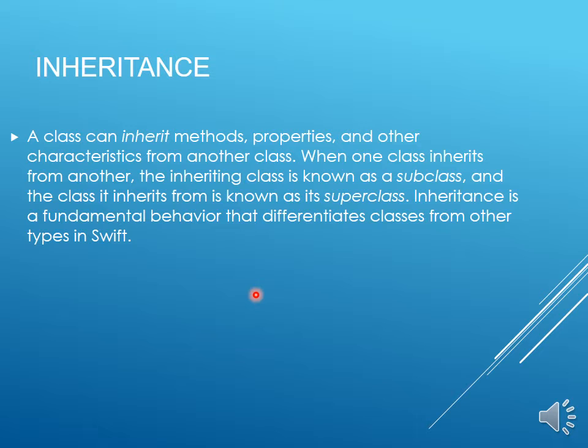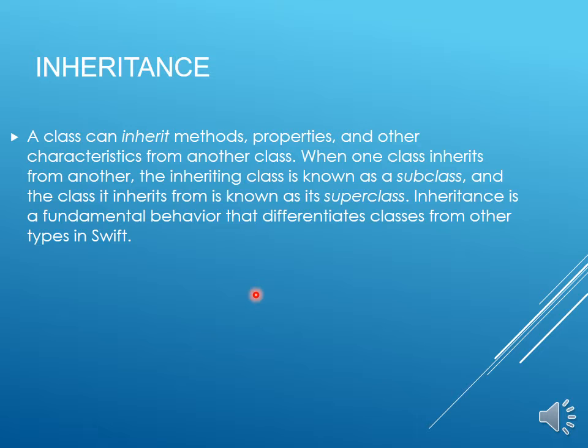Inheritance is a fundamental behavior that differentiates classes from other types in Swift. As we know, in other data types of Swift, like structures or other variables or functions, there is no inheritance. A class has the quality that we can apply inheritance there.